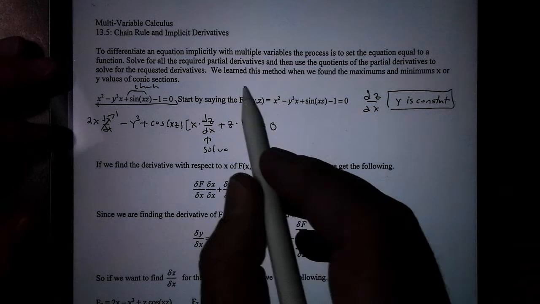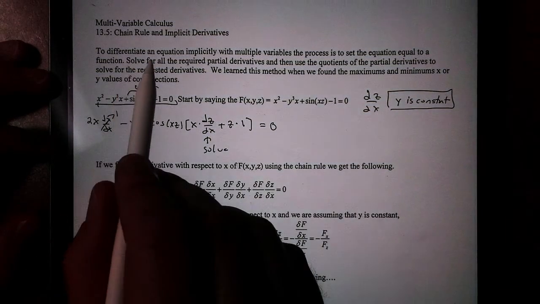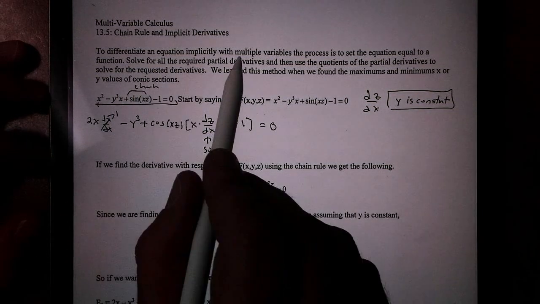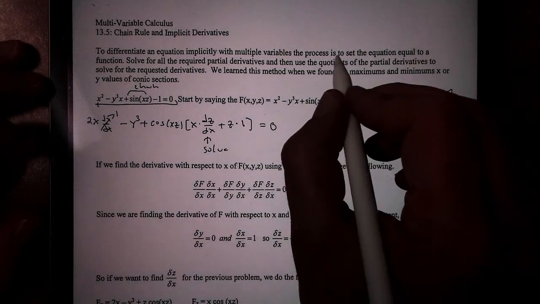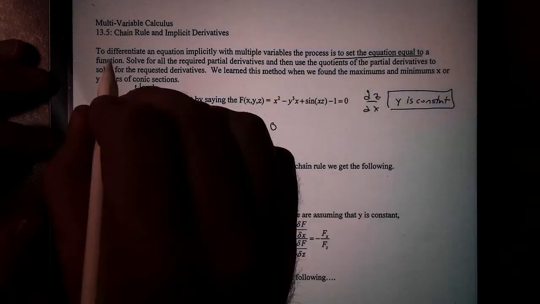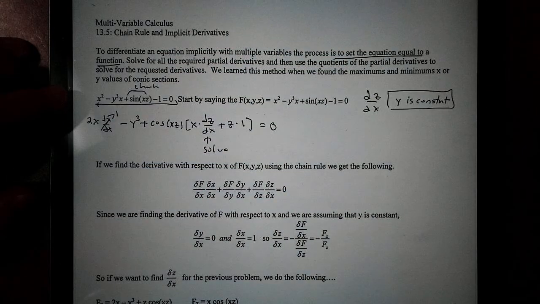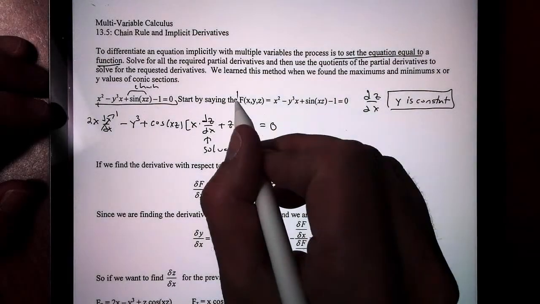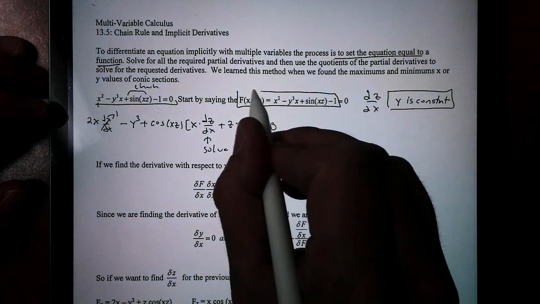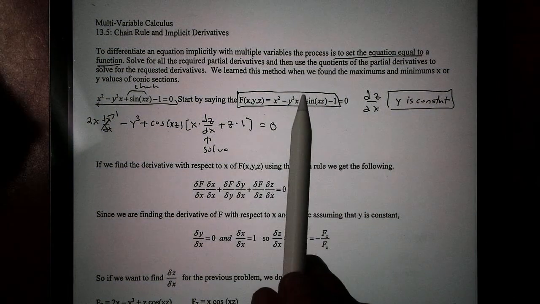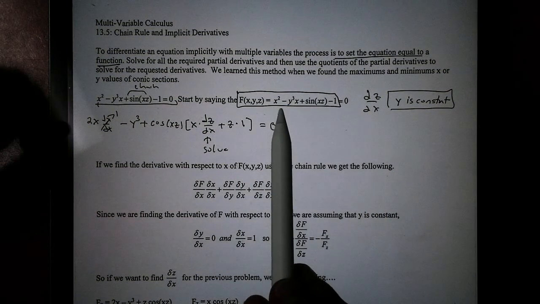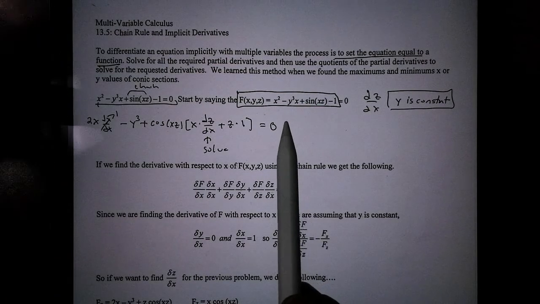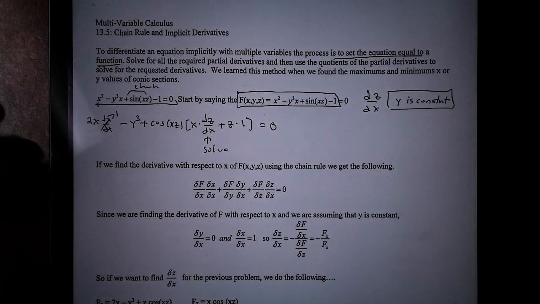To differentiate an equation implicitly with multiple variables, we're just going to set the equation equal to a function. If I set our implicit equation equal to this f of x, y, z, all we have to do is find the partials, and then there is a rule for quotients for this, which we're going to talk about in a second.